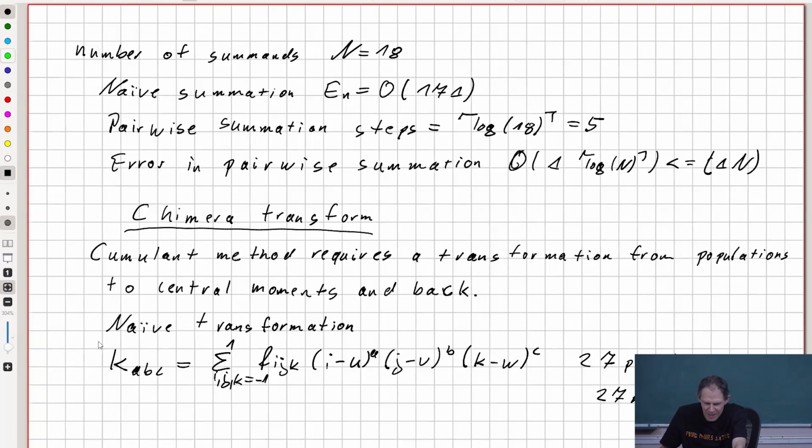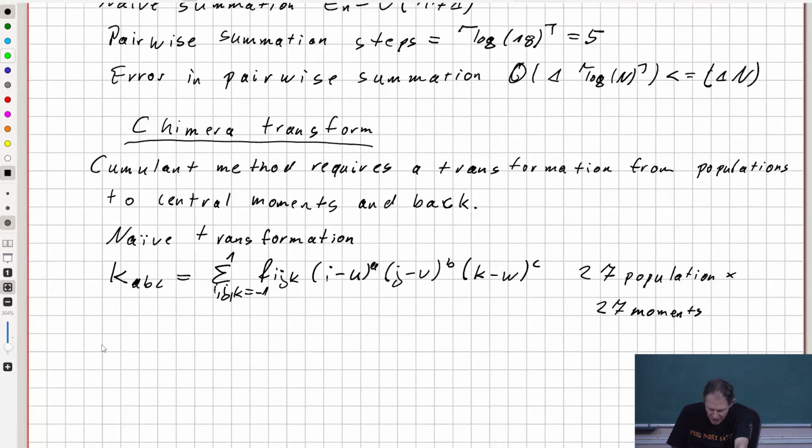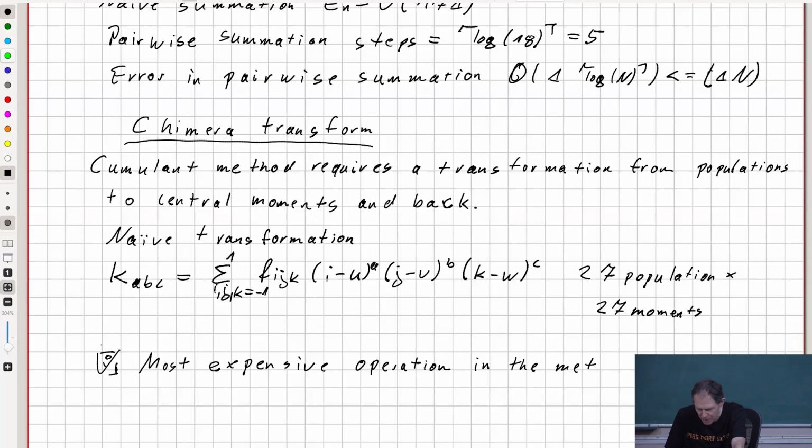But anyway, this is the most expensive part in the entire algorithm. It's also the longest sums and therefore the most prone to round-off errors. So it's the most expensive operation both in terms of round-off errors and in terms of the time that it requires.